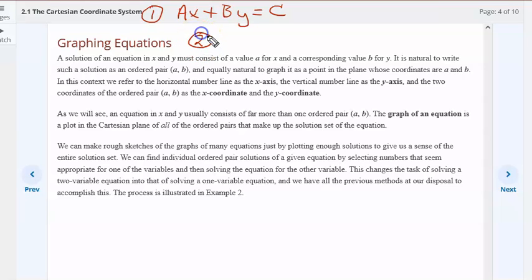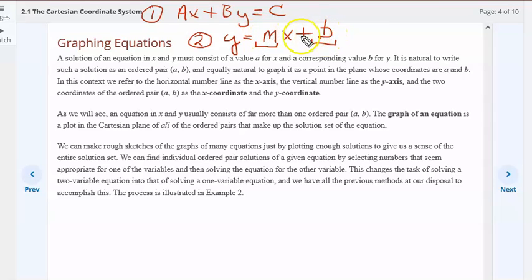Equation 2, y = mx + b. This one is called slope-intercept form because your m value is the slope and this b value is where the equation will cross the y-axis. Therefore, it's called the y-intercept.